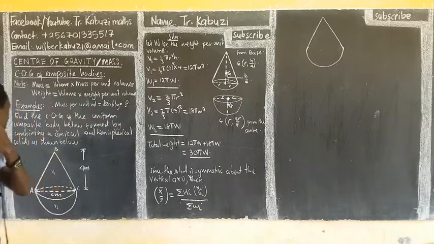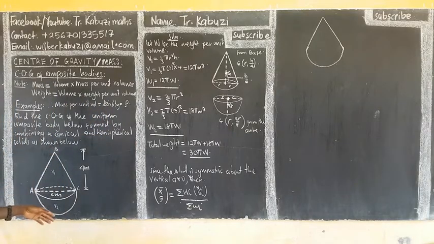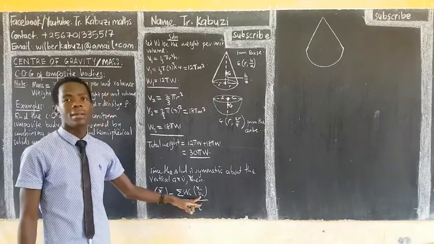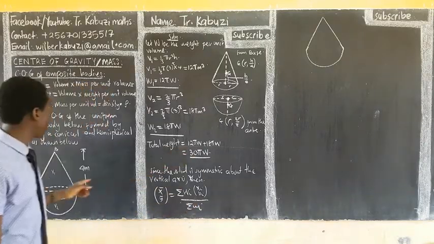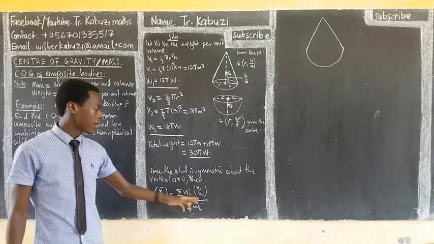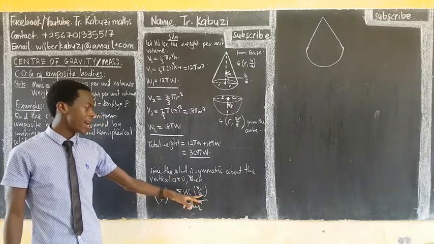Because symmetric means that even the x values are going to be the same. In some cases, we see that people don't just find y only. Because if it's symmetric about the vertical axis, it means that all the x values are going to be the same. So if you don't want, you can just get the y_i only.